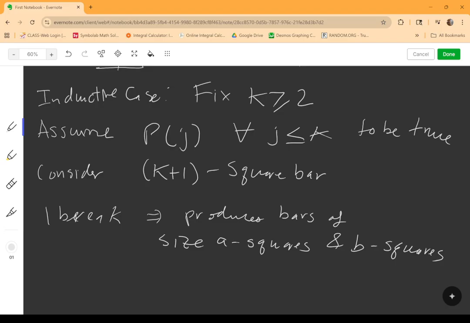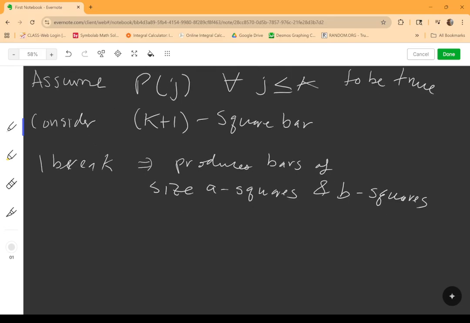Now clearly here, a is less than or equal to k and b is less than or equal to k. We can take it to the extreme where we break off just a single square from the k plus 1 squares. Then one of them would be 1 and the other one would be k. So that means they follow my inductive step. I assume P of j, so that falls in line with P of j.